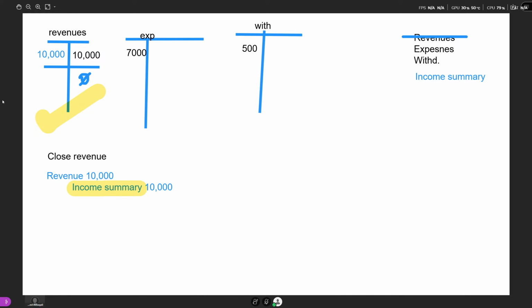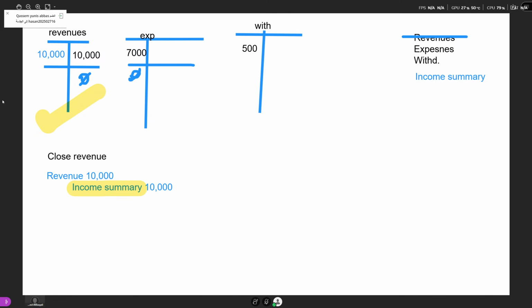I need to also close my expenses. Currently on my books, I have expenses worth 7,000 on the debit side. How can I close my expenses? If I want to close the expenses, it means I want to get a balance of 0 in here. How can I get a balance of 0 for the expenses? Currently, I have debit 7,000.